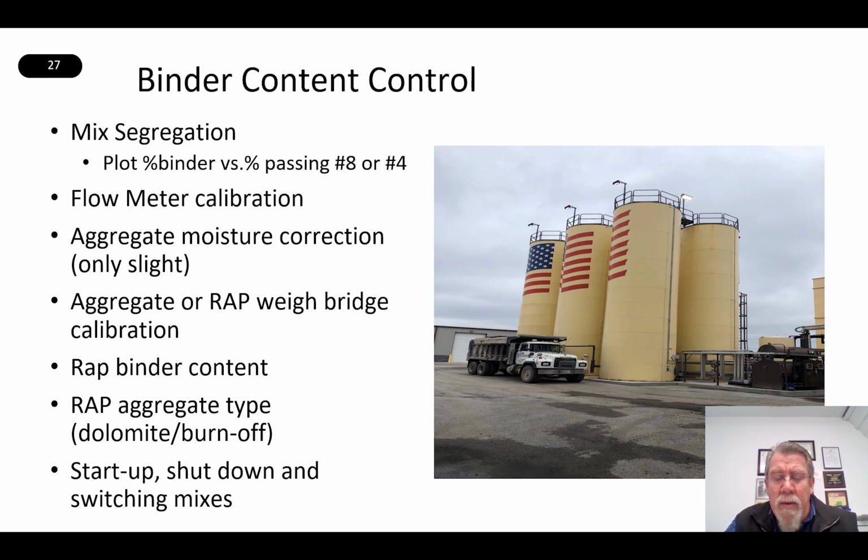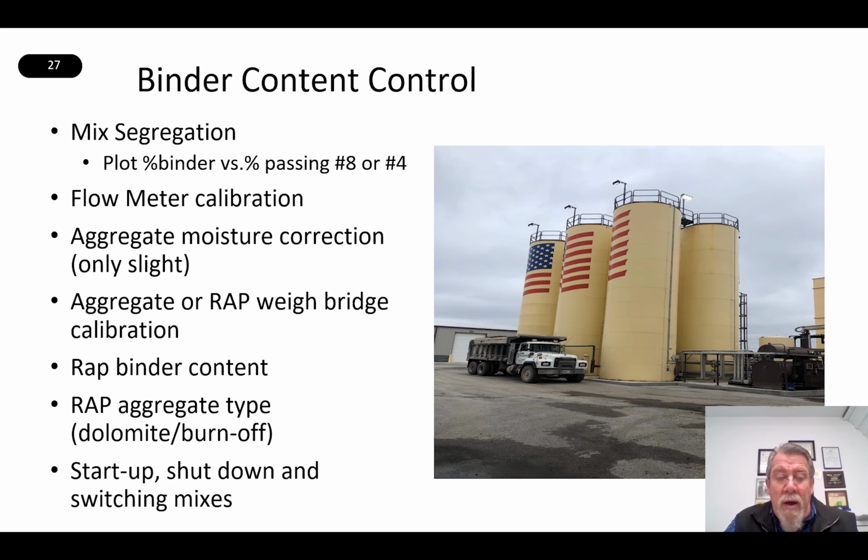This mainly gets into whether you have dolomite or maybe even slag in your RAP. Make sure you have it identified, and it may affect how much asphalt your RAP may have.